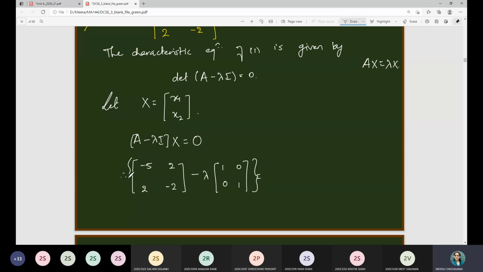I will write these brackets, x1, x2, is equal to, what order will this zero matrix be? Two cross 2. All of you are saying it will be of order 2 cross 2. Let us see.